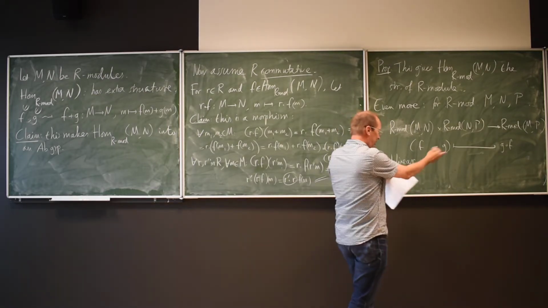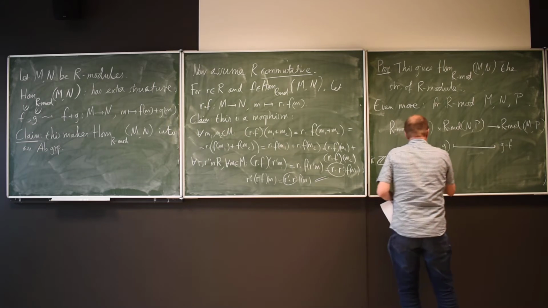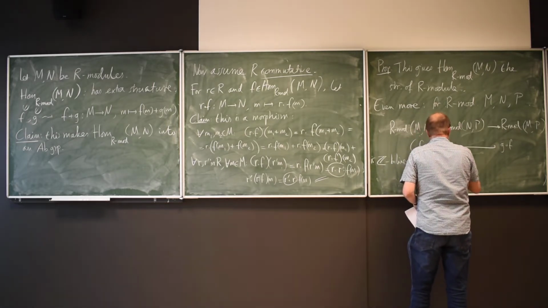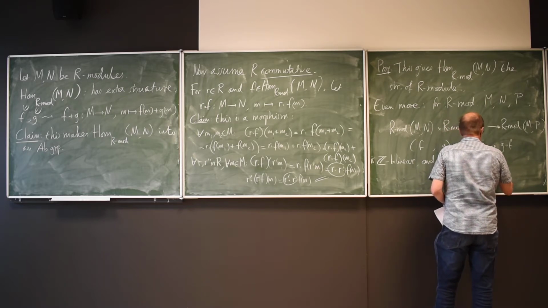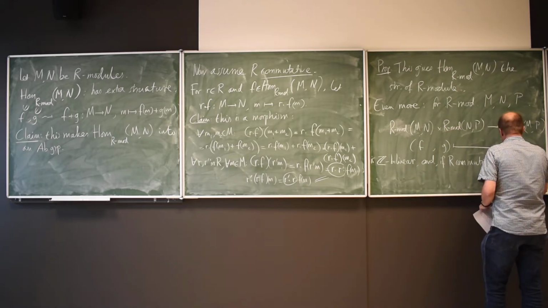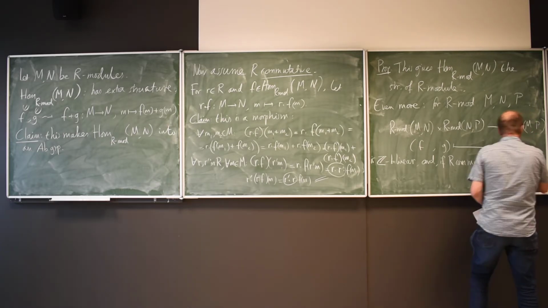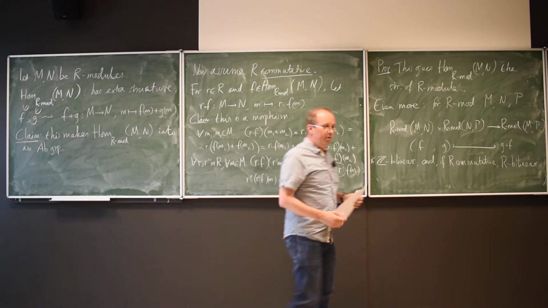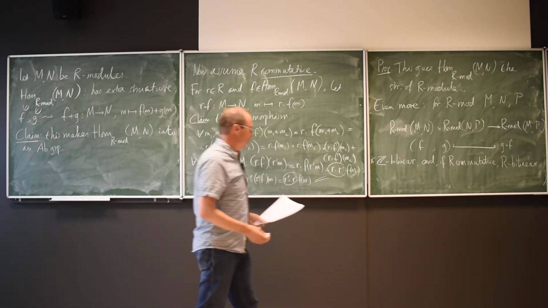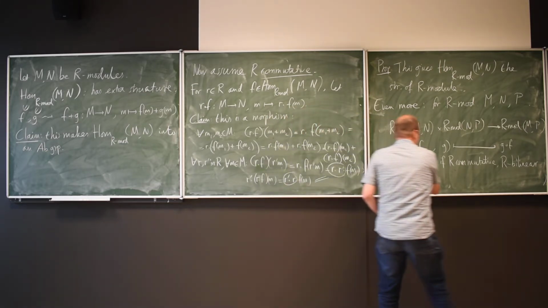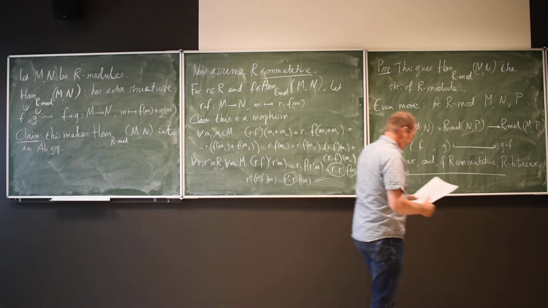I'm not going to write it out. And if R is commutative, it is even R bilinear. And this R bilinear stuff will play a role in the tensor products of the other lectures in this series. So we have that too.